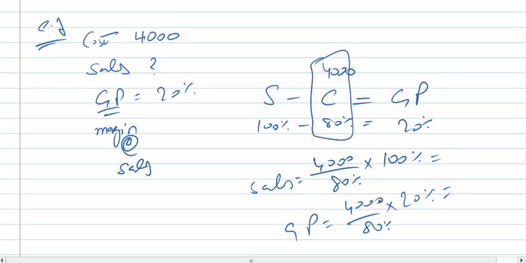Now calculate it: 4,000 divided by 80% gives $5,000. Deduct 4,000 and you will find gross profit of 1,000. Yes, you can find it directly by calculating this one.